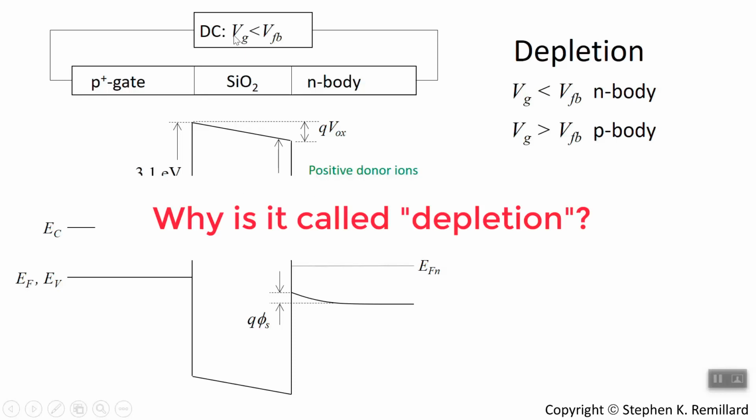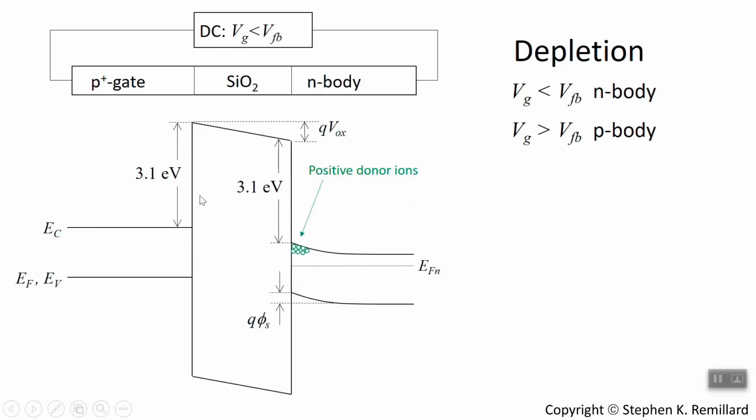As you continue to decrease the gate voltage, these gate bands keep moving up. Now they go up higher and higher, so now they start to drag the N-body band edges upward. The N-body band edges near the interface are going to want to follow as much as they can, follow what the gate is doing. And so they will move up.